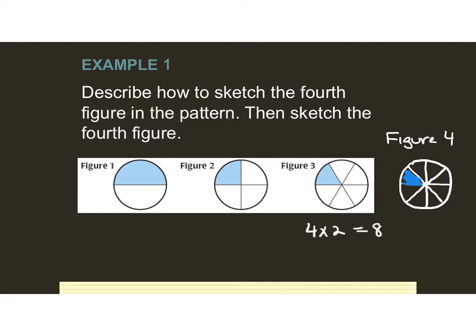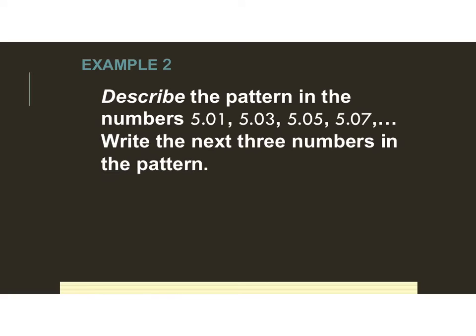So we're dividing it into twice as many sections as the figure number. So this is using inductive reasoning, where we look at the pattern of what happened in the past to make our future pattern. Everybody good on that one? Let's move on to example 2. Next one. I'm still writing.